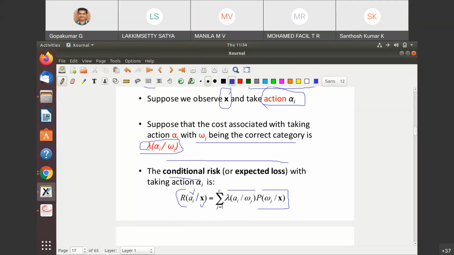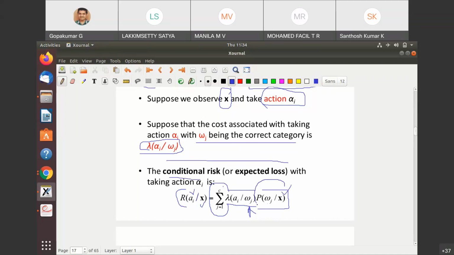We consider the summation over all the different classes, such that lambda of ai given wj. The wj is going to vary for different classes, and what is given is the feature vector x.